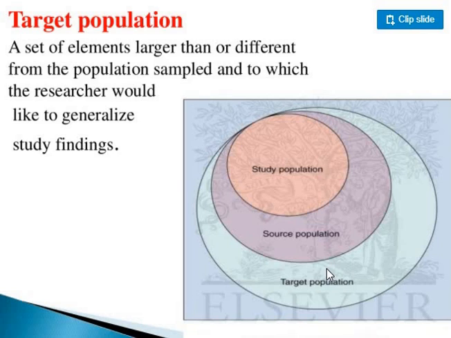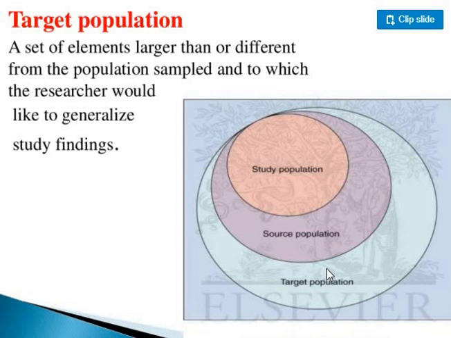That is, from the selected sample, we are going to generalize about that particular target population. In the example I mentioned before, we took India as the target population, and we selected the state Kerala as the study population or source population.